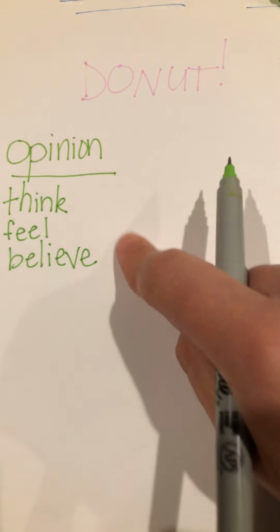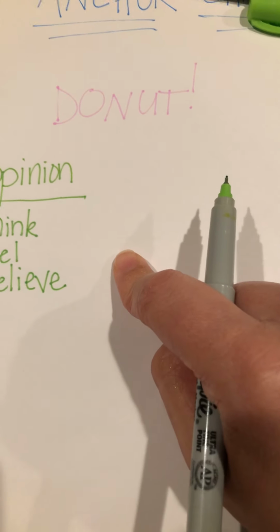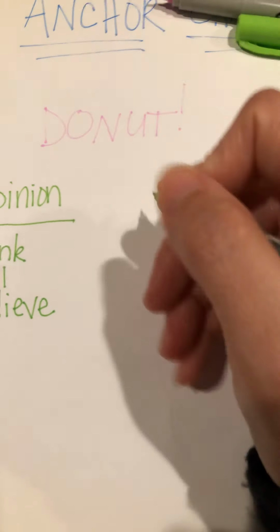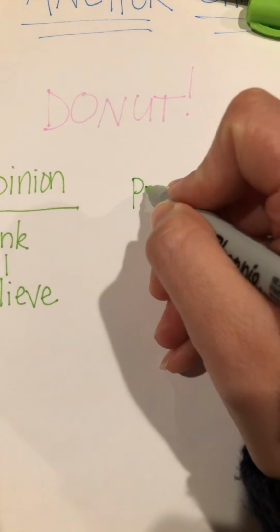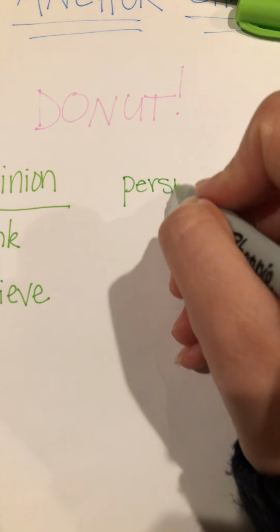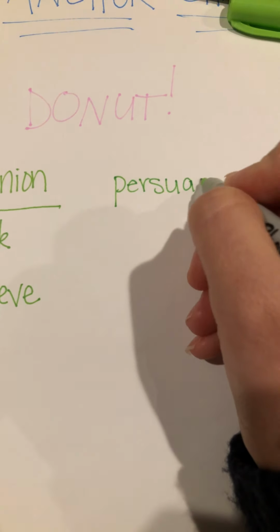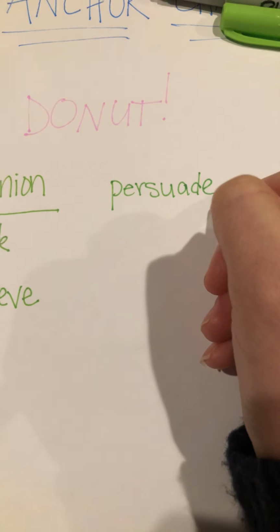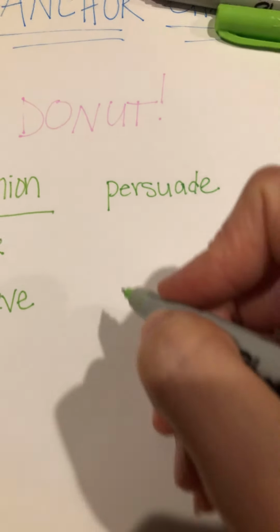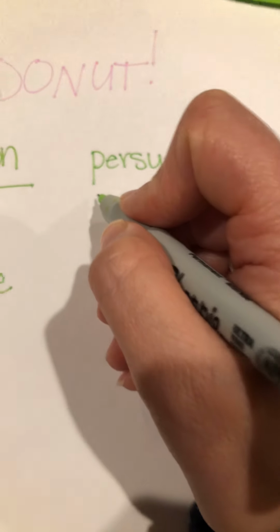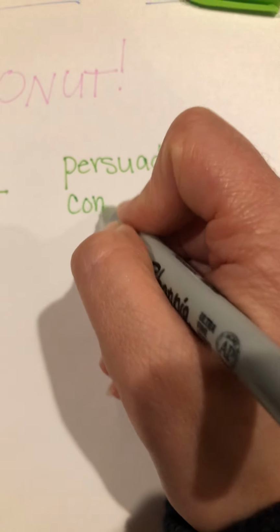Another word, so this is opinion. Another word for persuasiveness or persuading, let's write the word persuade, okay? Here's some other words that mean the same as persuade. Other synonyms, perhaps, okay? The word convince comes to mind.